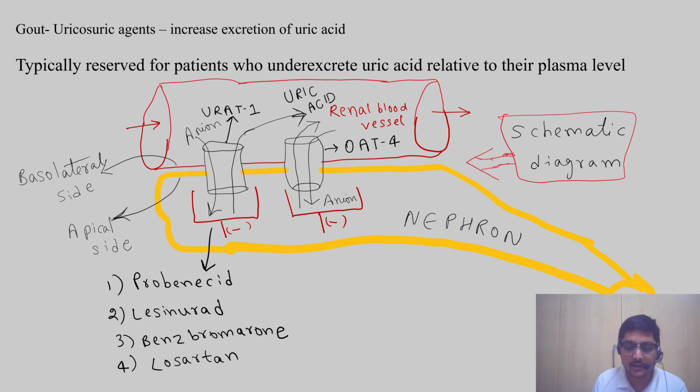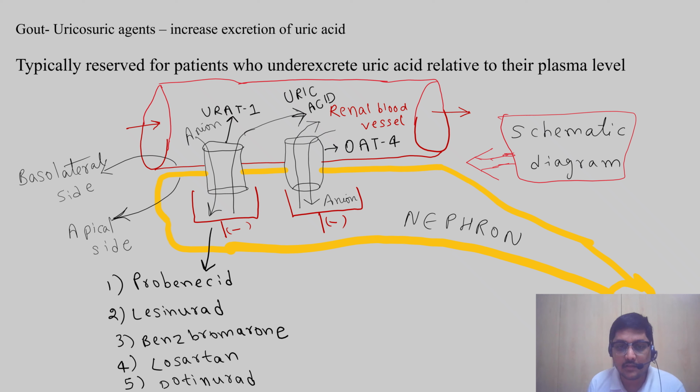Losartan, along with its antihypertensive property, has this uricosuric property also. Etodolac, an NSAID, also has uricosuric property, and dotinurad. These are inhibiting the urate 1 channels.